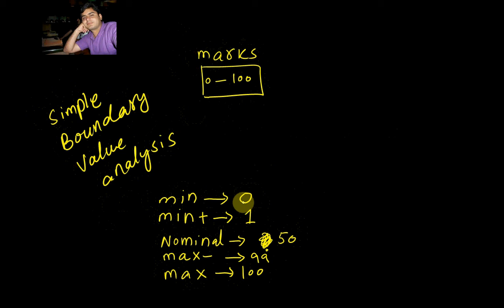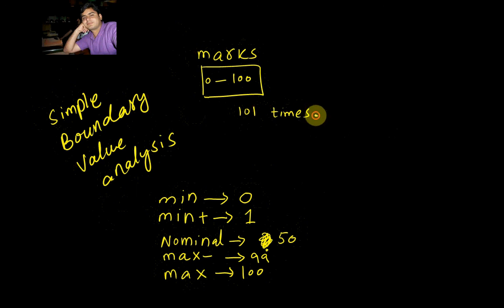Now what is the core theory about simple boundary value testing? If the range of marks is between 0 and 100, we would need to check these values 101 times.